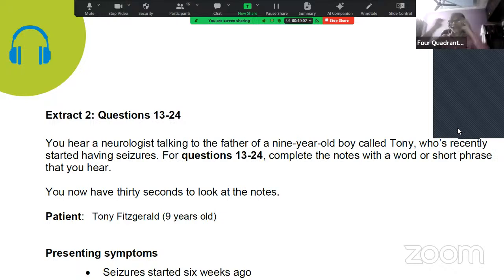What word is indicating that he is a male person?